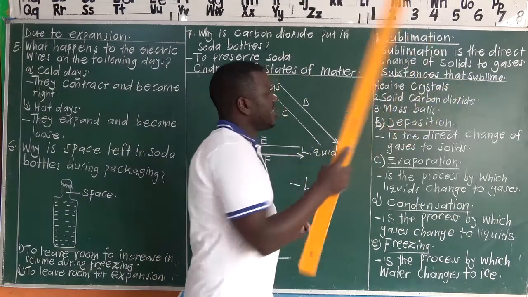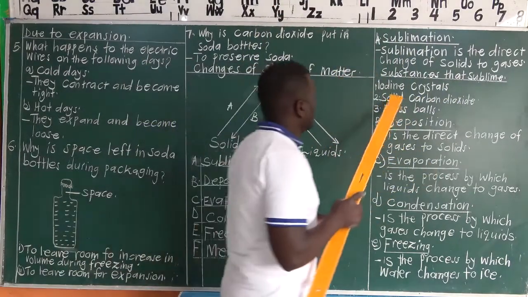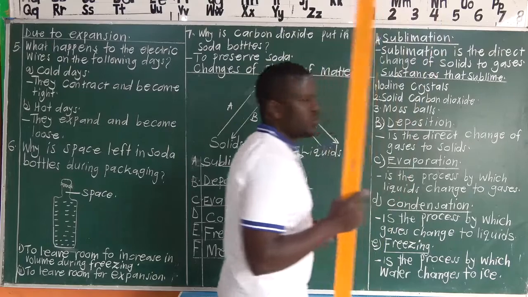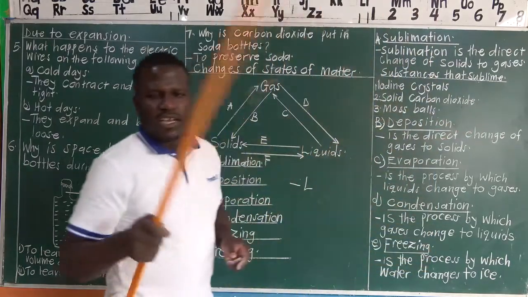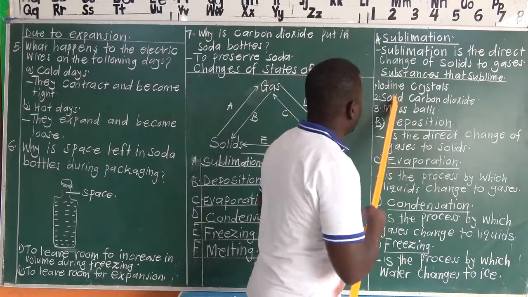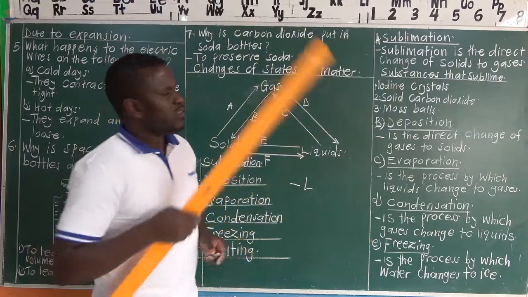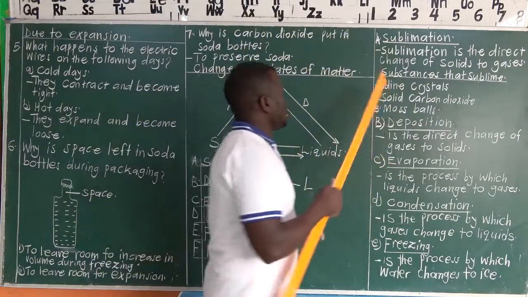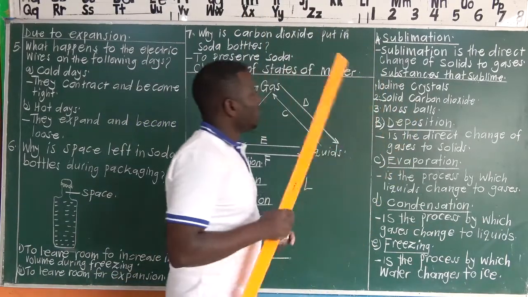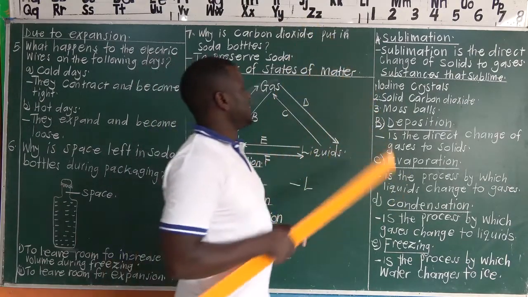Substances that sublime. One, we have iodine crystals. Iodine crystals can change from solids to gases directly. Then we have solid carbon dioxide, which can change from solids to gases directly.